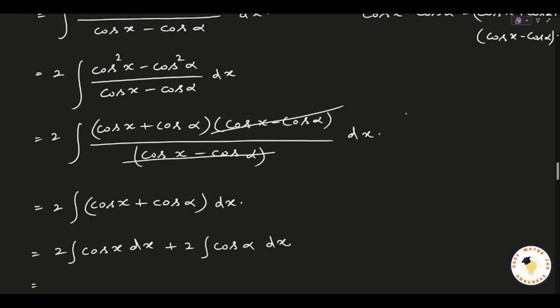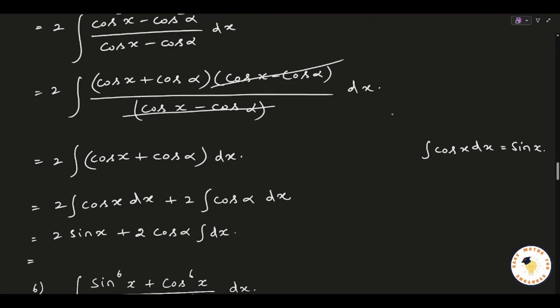So we know that integral cos x dx equal to sin x. So this will become 2 times sin x plus 2 into, when you are integrating with respect to x, cos alpha is treated as a constant only. So cos alpha can be taken outside. This is just integral dx only.